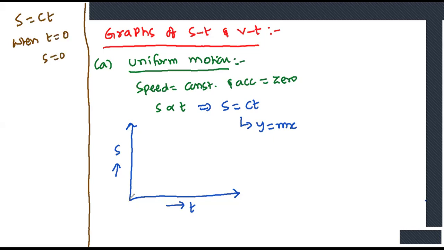That means it lies here. As t increases, s also increases. When t equal to 1, s equal to c. When t equal to 2, s equal to 2c. So it forms a straight line.